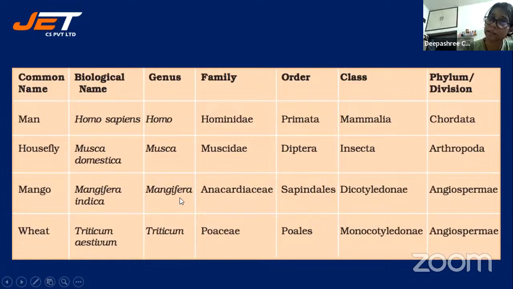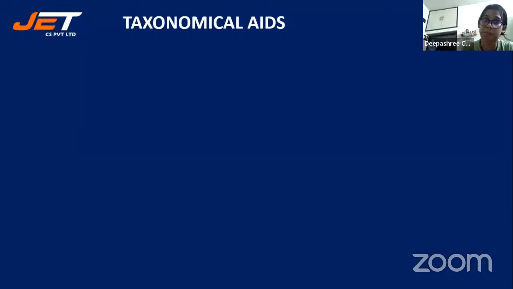Mangifera indica, Anacardiaceae, Sapindales, dicotyledons, and angiosperm. And wheat is Triticum aestivum, Poaceae, Poales, monocotyledonae, and angiospermae. So these are the names you have to remember.